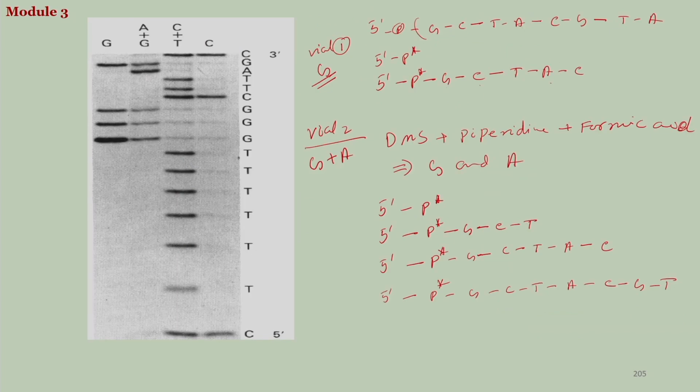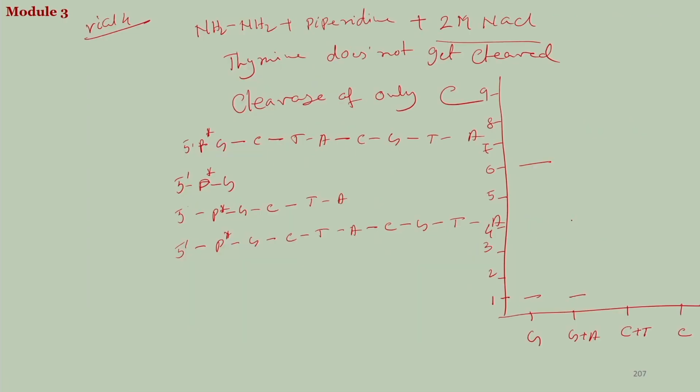Now, G plus A has bands at 1, 4, 6, 8. So, you see, you can match G and G plus A, or whether fragmentation has occurred or not. It is a double checkup actually.